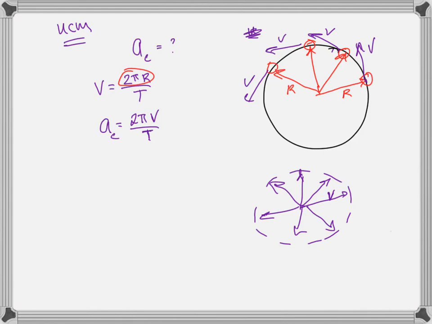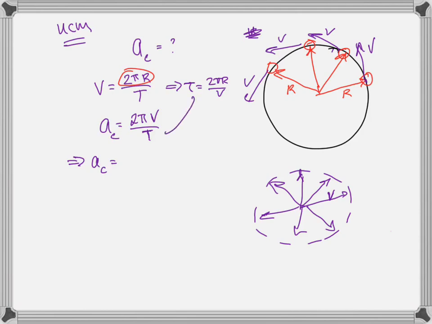Since v is 2 pi r over t, we can make a substitution and say that this is 2 pi times 2 pi. Hold on a second. What I was about to write is correct, but it's not useful. I'm going to make a substitution for t instead. From the first one, t is equal to 2 pi r over v.